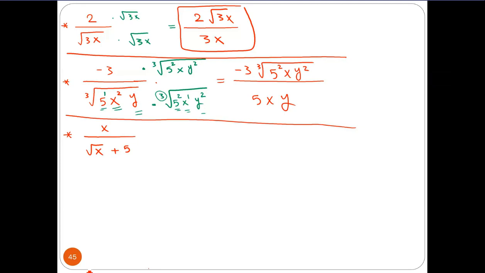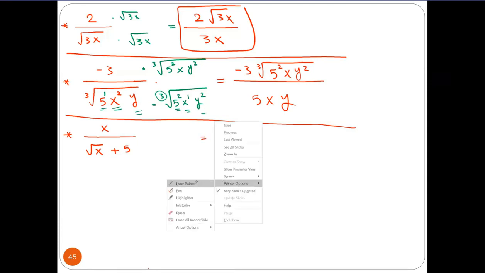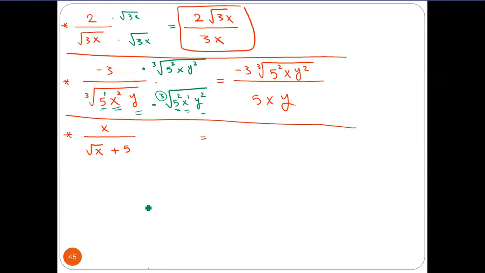What's the conjugate? Here the conjugate equal the same root radical x and 5 but in the different sign. إذا كان بيناتهم بلس بنحط نيجاتيف، إذا كان نيجاتيف بنحط بلس، وهكذا. وأيضا الدومينيتورز نضربه بنفس القيمة.